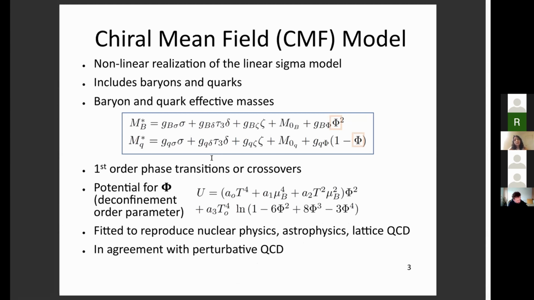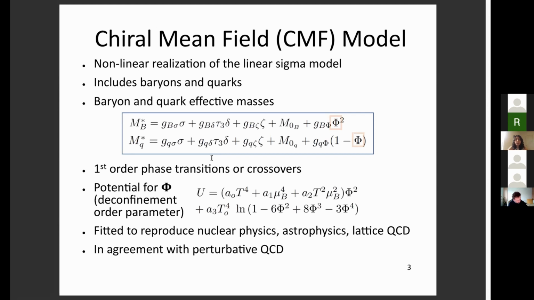The degrees of freedom change here not using excluded volume, but instead using a field phi, called phi in analogy to the Polyakov loop, which is present in the calculation of the effective masses of the particles. In this way, the particles might become more or less massive depending on temperature and chemical potential, and you can change degrees of freedom in a very steep way, reproducing a first order phase transition, but also in a very smooth way, reproducing crossovers.